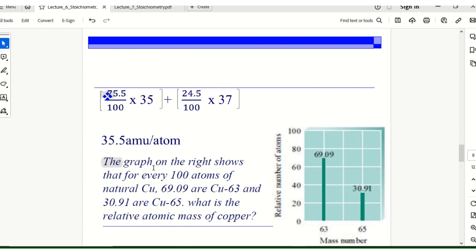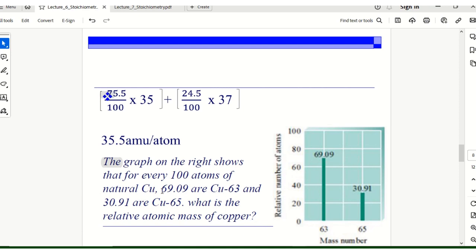The question says the graph on the right shows, this is the graph here, that for every 100 atoms of natural copper, 69.09 are copper-63.